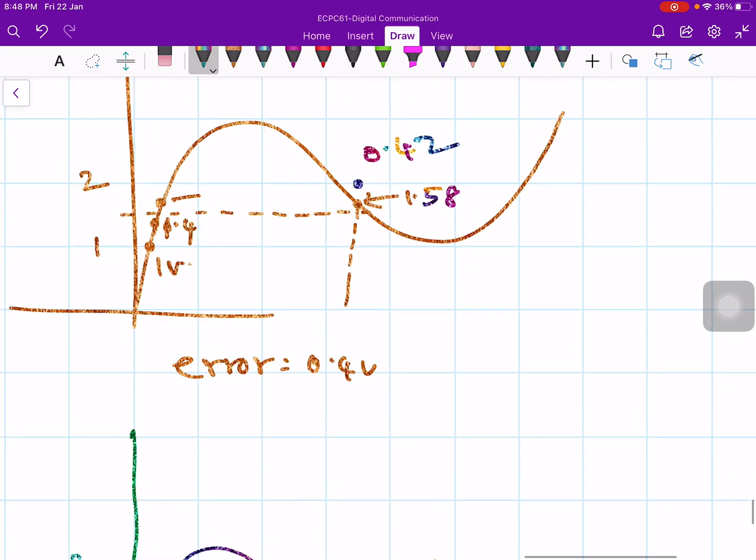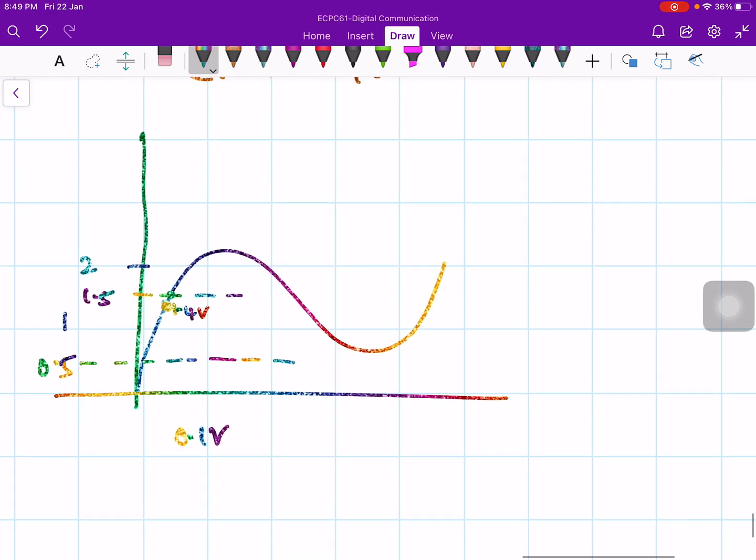And here what did it do? Let's say if we take the sample, this is 1.52, and this one previously I rounded to 2 volts. Now I am going to round it to 1.5. Therefore here the error is 0.02 volts.